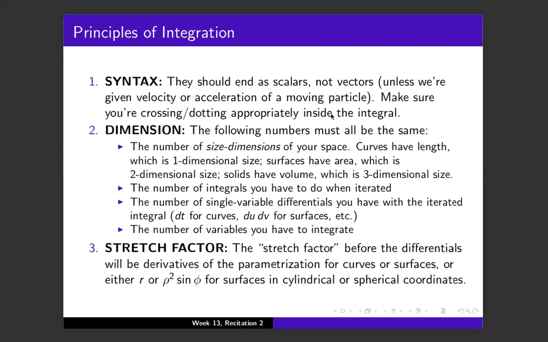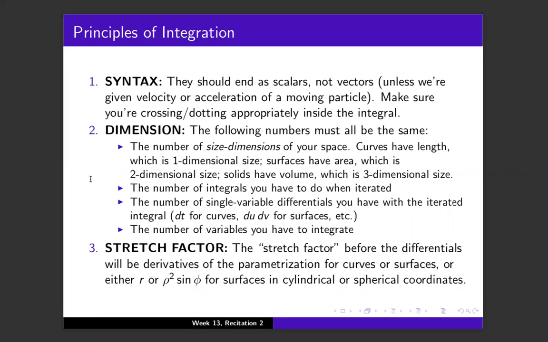We also talk about what Dr. Roberts and I refer to as the stretch factor, also known as the Jacobian. This is how much change has to happen in your space as you're integrating. That is usually going to be a derivative of the parameterization of your curve or surface in some respect, and it should approximate some kind of size.